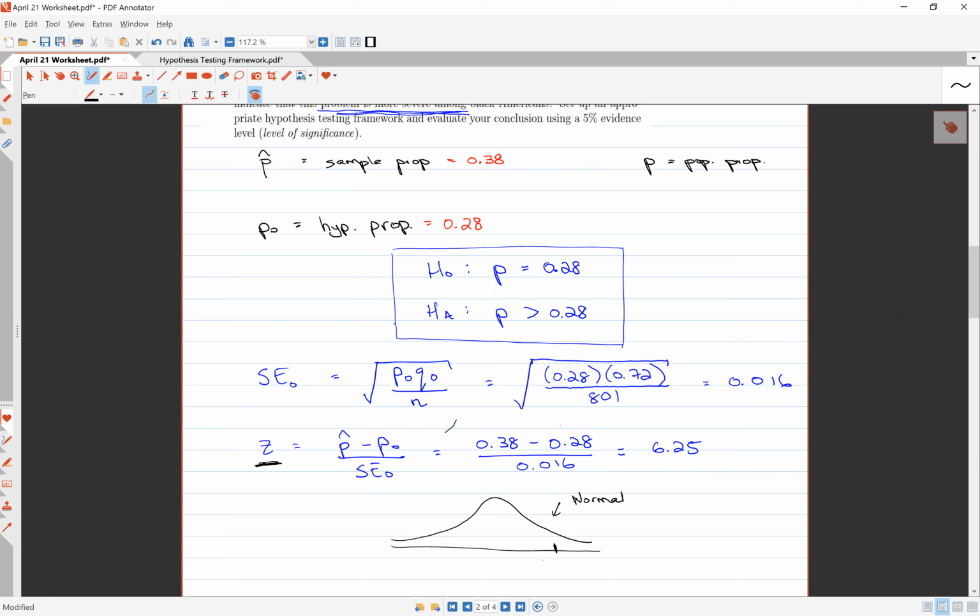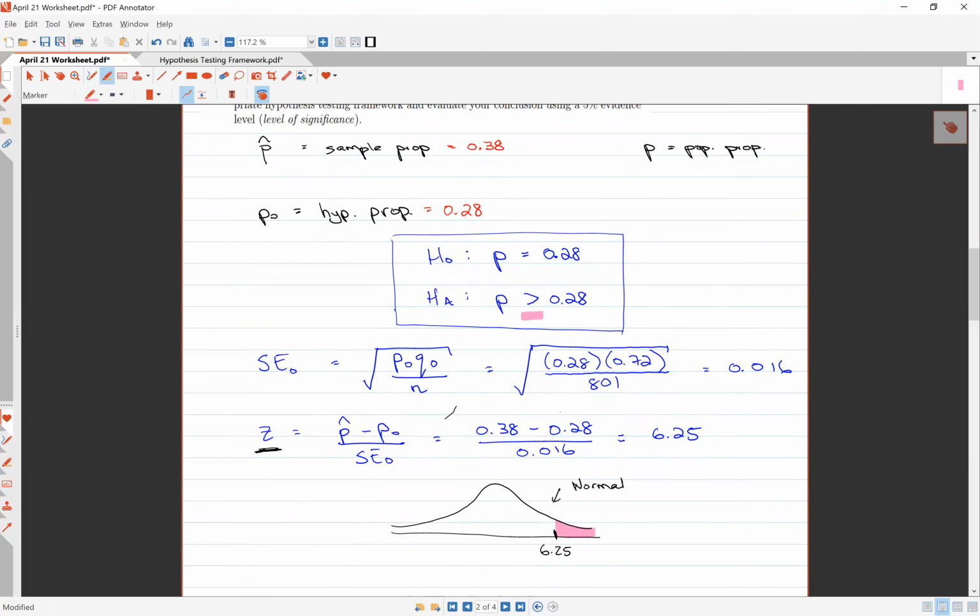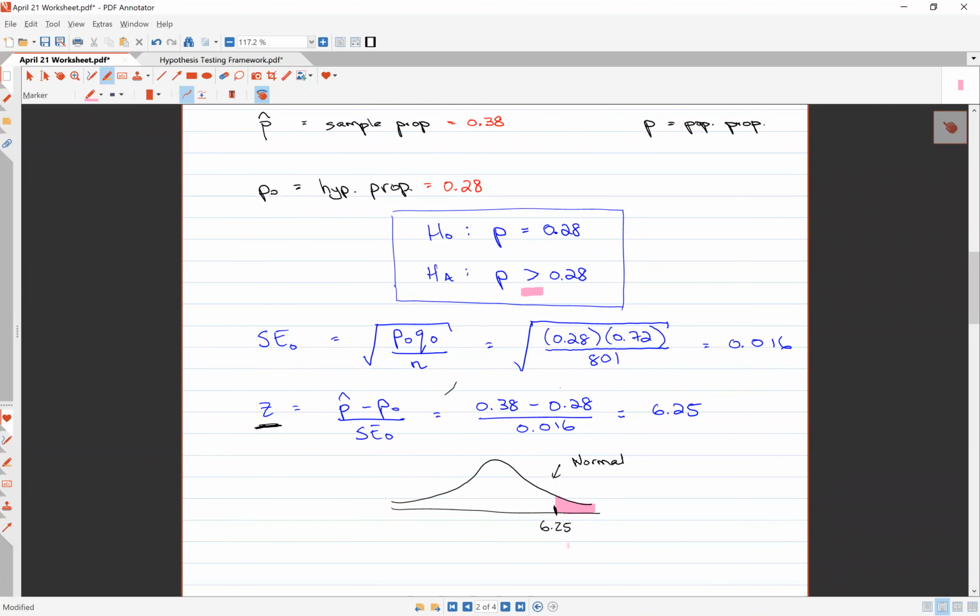The reference value we calculated is 6.25, and because our alternative says greater than, we want to know what part of the normal curve is to the right of 6.25. So here you're not going to use the t-calculator, you have to use the normal table, which we've done on more than one occasion. But what you'll find in this case is if you try to look up 6.25 on the normal table, it's going to be completely off the chart.